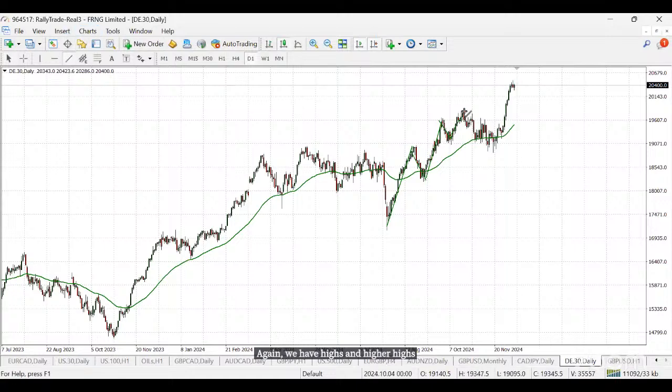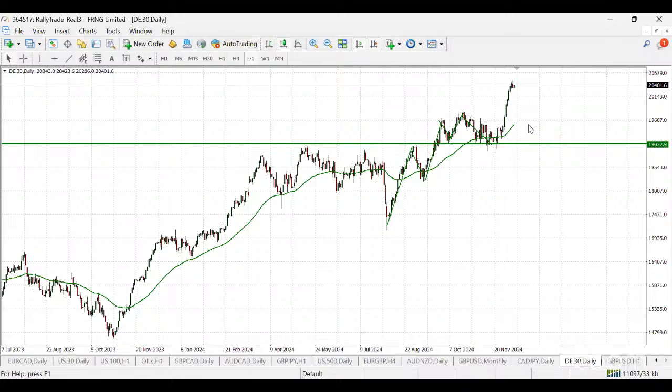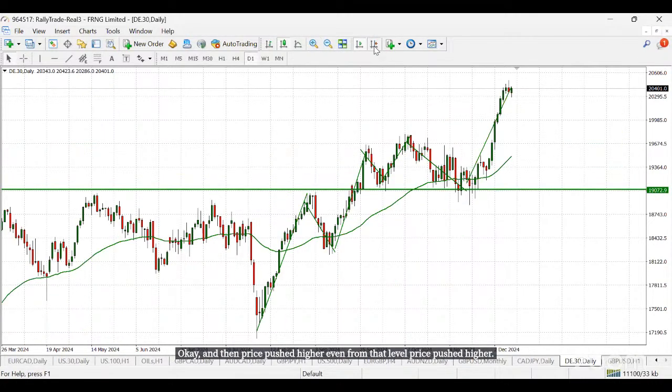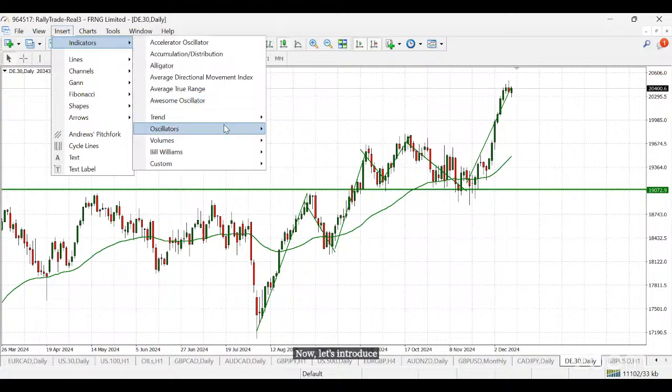We have higher highs, higher highs. Okay, we got this here. And then price pushed higher, even from that level, price pushed higher. All right. Now let's introduce RSI here as well to see what we have.